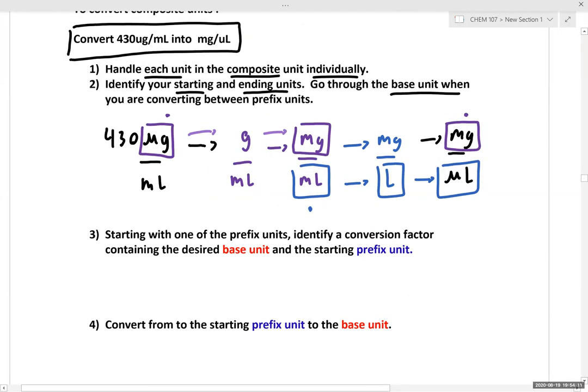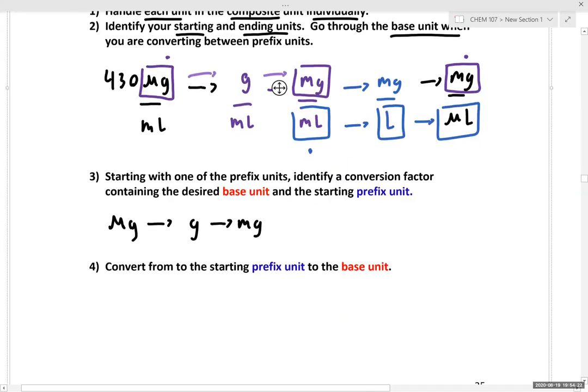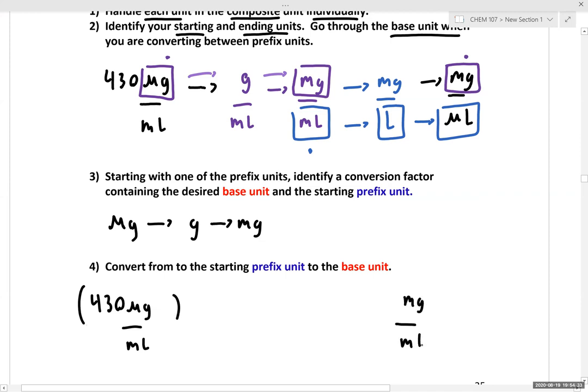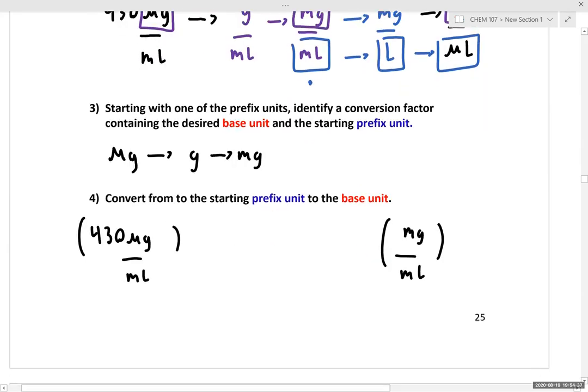We'll deal with the top part first, going from micrograms to grams to milligrams. If we have 430 micrograms per mil, and our goal is to end up at milligrams per mil, we need to set up some unit conversions.